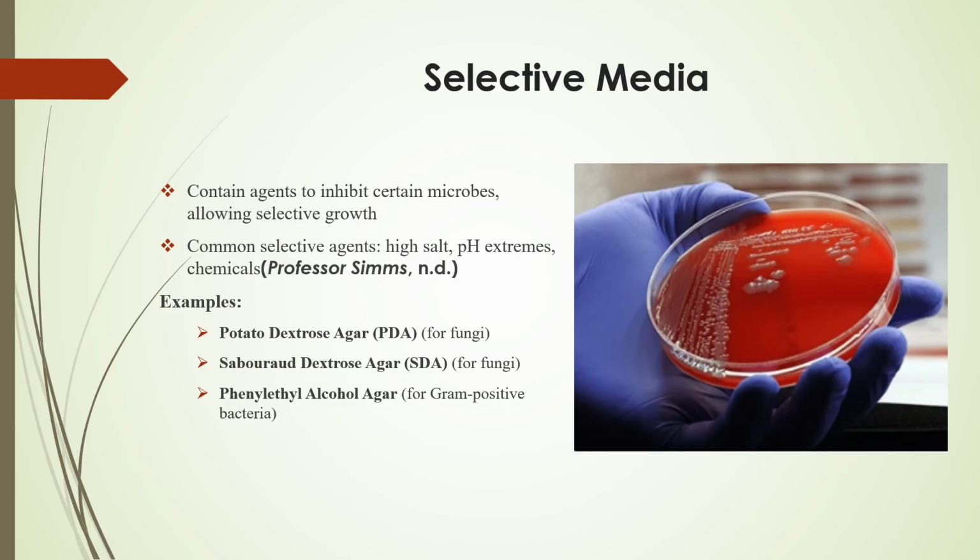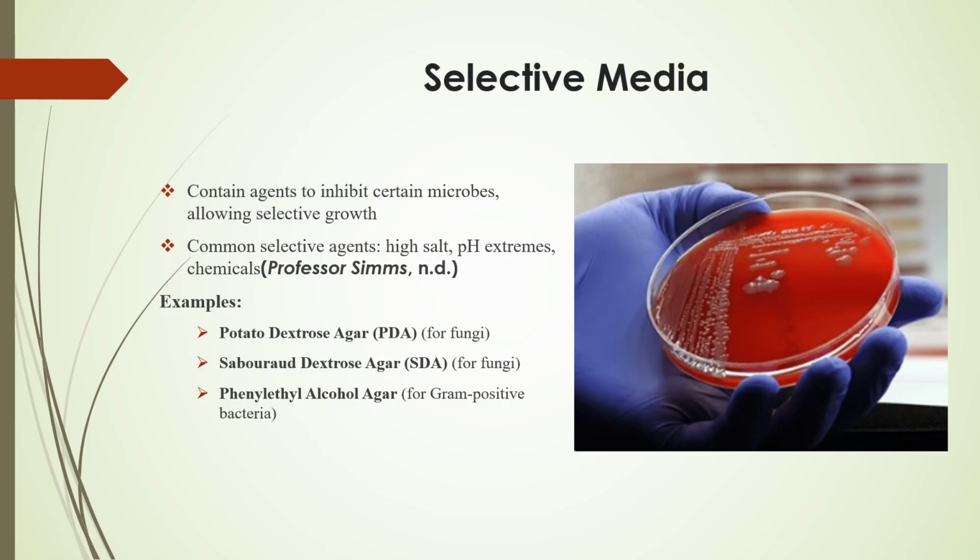For instance, because the low pH prevents bacterial development, potato dextrose agar and Sabouraud dextrose agar are both acidic and selective for fungi, including yeast and molds. Gram-positive bacteria are specifically targeted by phenylethyl alcohol agar.